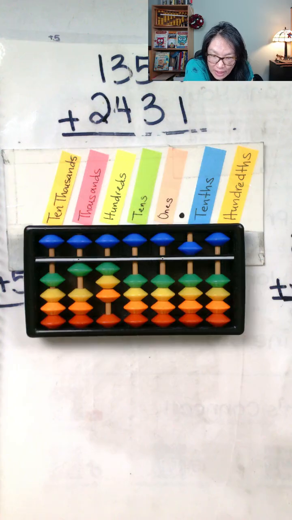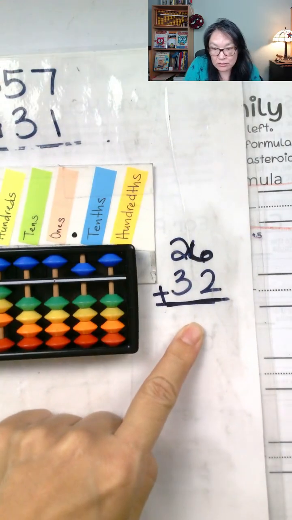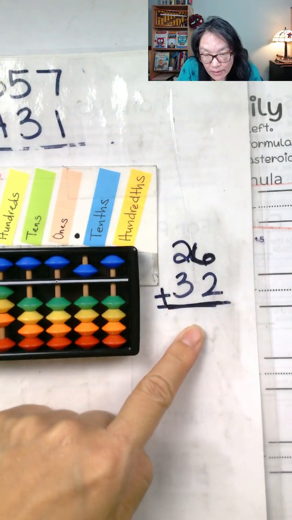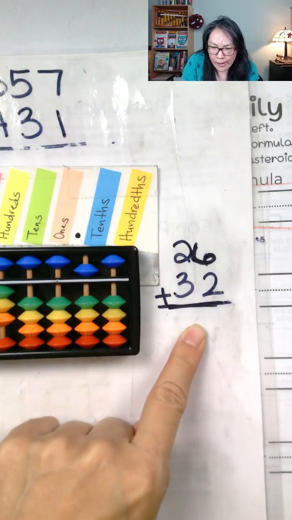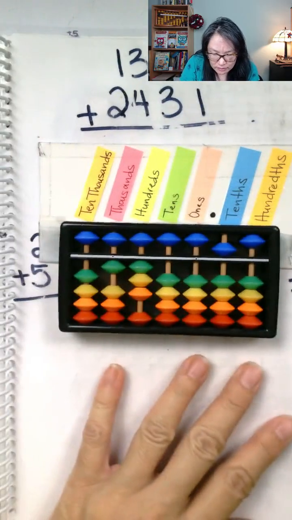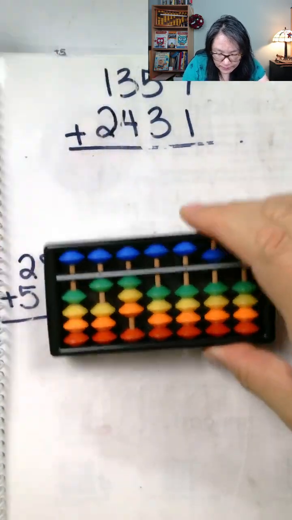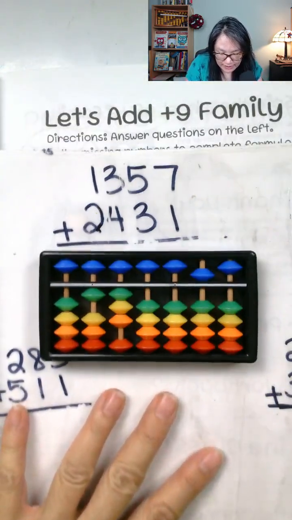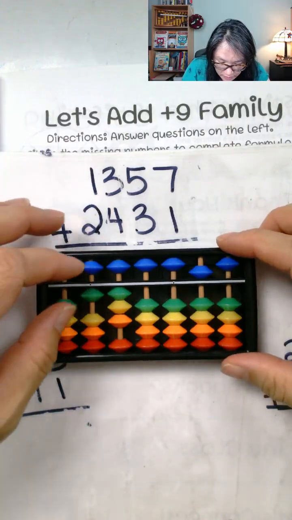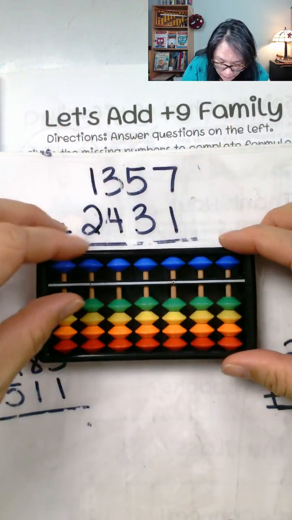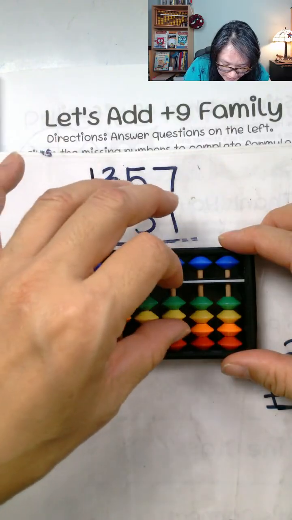Did you do that one from the right? This one? 1, 3, 7. Oh, wait, no, I didn't do it from the right. I see what you're saying. I should. So, 1, 3, 5, 7.